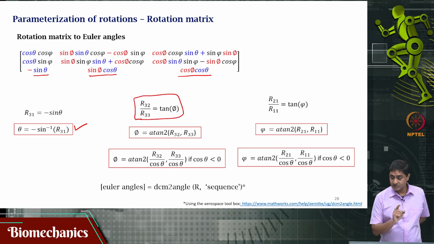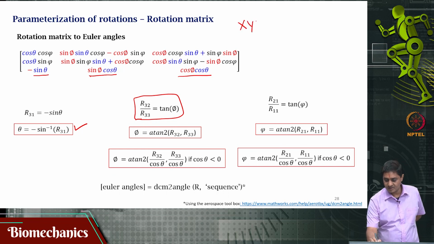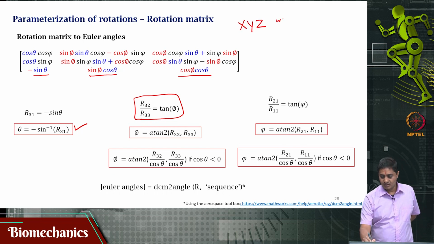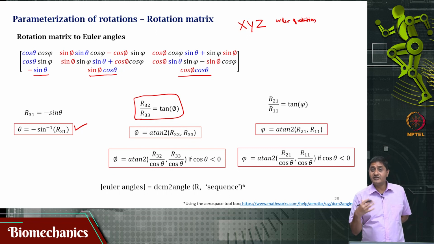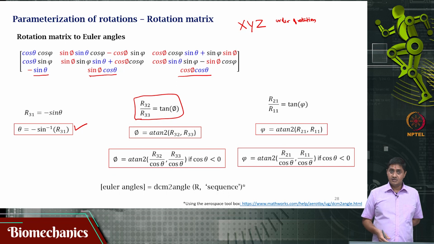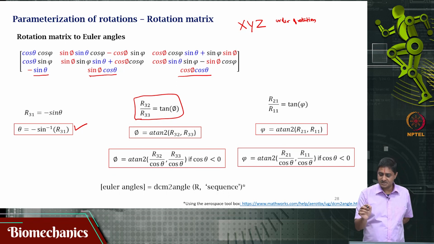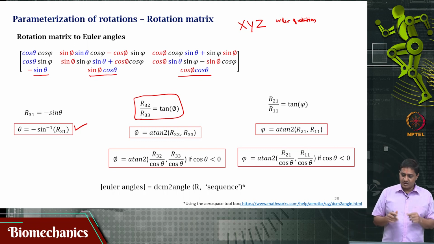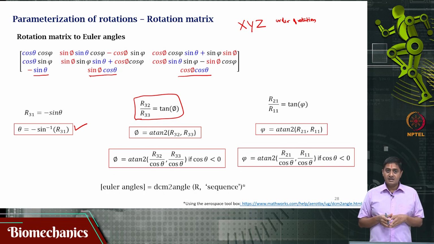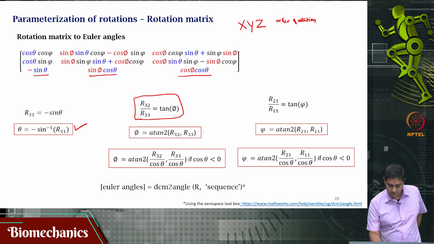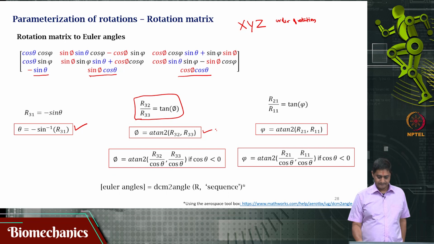Once again, remember, this works only for this order of rotation, because for different orders of rotation you will have different composite rotation matrices. I will speak about that in just a minute. For this order of rotation I am having this composite matrix, and from that I can find phi as tan inverse of R32 by R33, right.